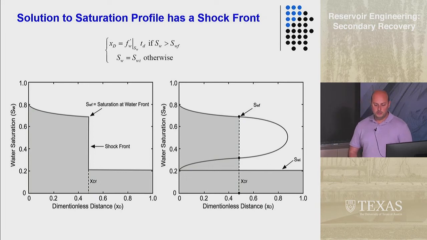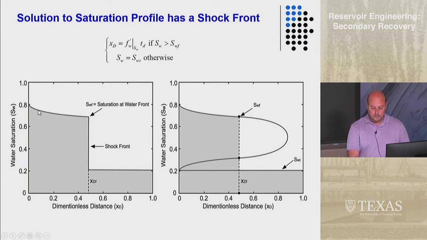And one of the things that you'll need to do is to make this plot. So to make this plot, what you do is you determine XDF and SWF using the method we just did a moment ago, which is this breakthrough tangent. And if this water saturation is greater than SWF, then we use the equation we derived a couple times ago, which is the position XD, so this position over here, is equal to the derivative of the fractional flow curve at the water saturation, multiplied by the dimensionless time.